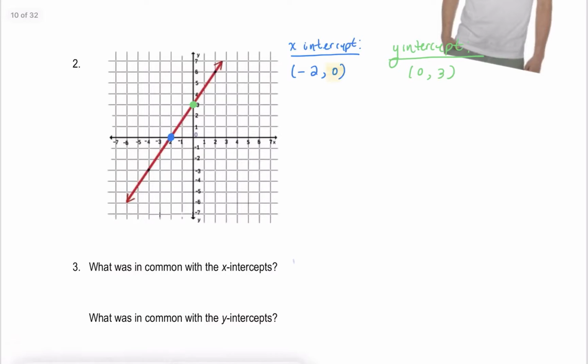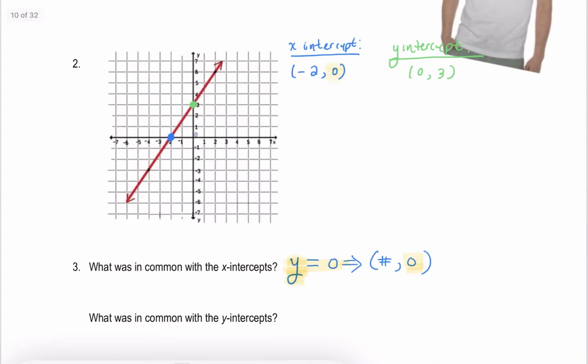So when we are looking at the x-intercepts, the y-coordinates will always be 0, meaning we're looking at ordered pairs that look like a number, comma, 0. So you're looking at ordered pairs of the form a number, comma, and the y-coordinate is 0.